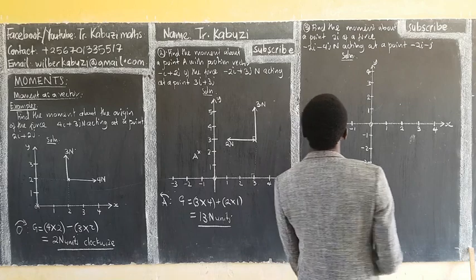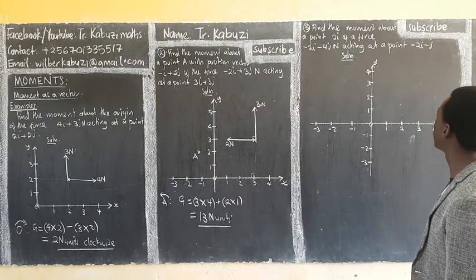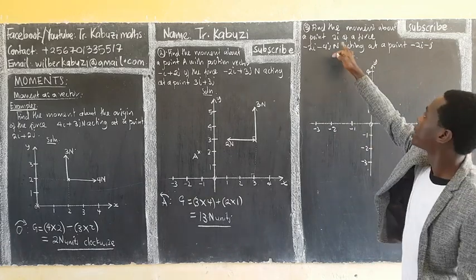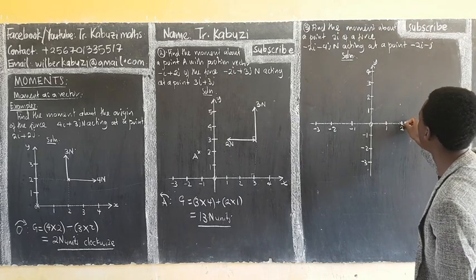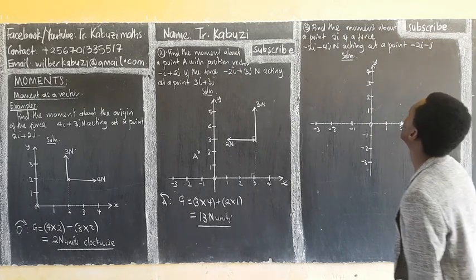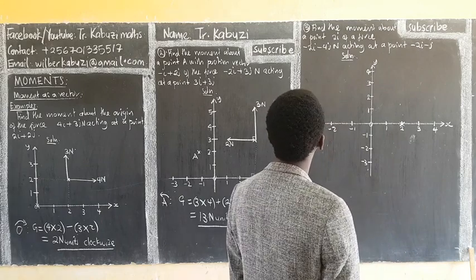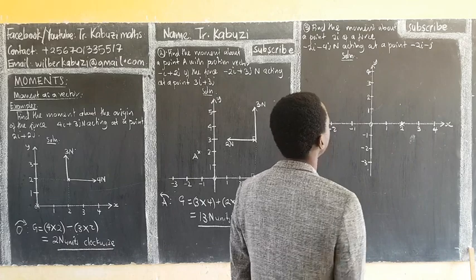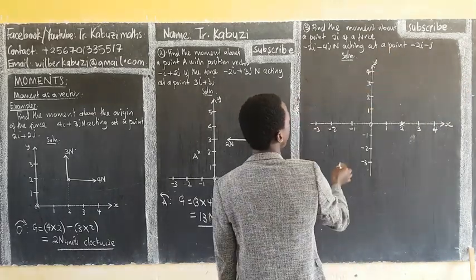When you come to this, find the moment about a point 2i. 2i means that we don't have a y component, it's just the x is 2. So we have 2i, this is the point of our force. So this is our force, negative 2, negative 4, acting at a point, negative 2i.